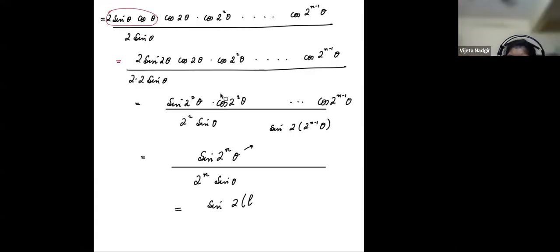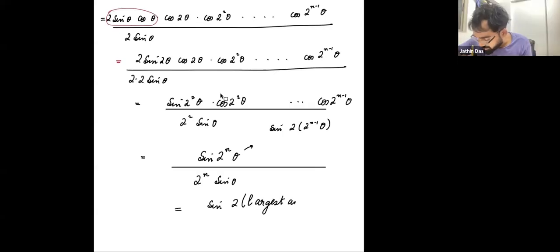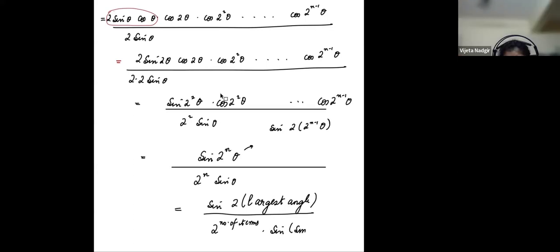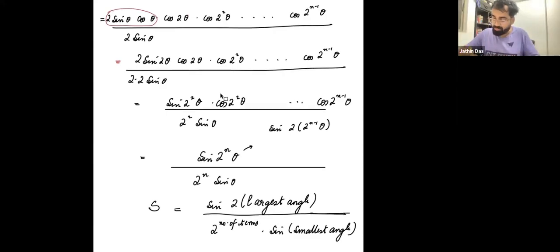It has to come like that. So 2 times the largest angle divided by 2 raised to number of terms into sine of the smallest. Correct. This is going to be the formula for the sum.